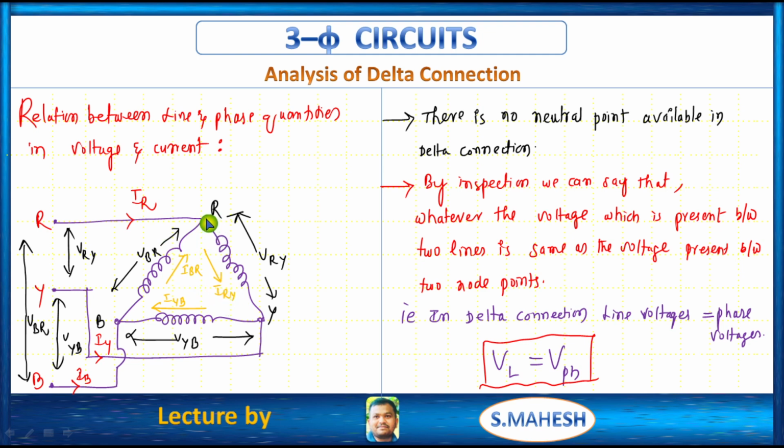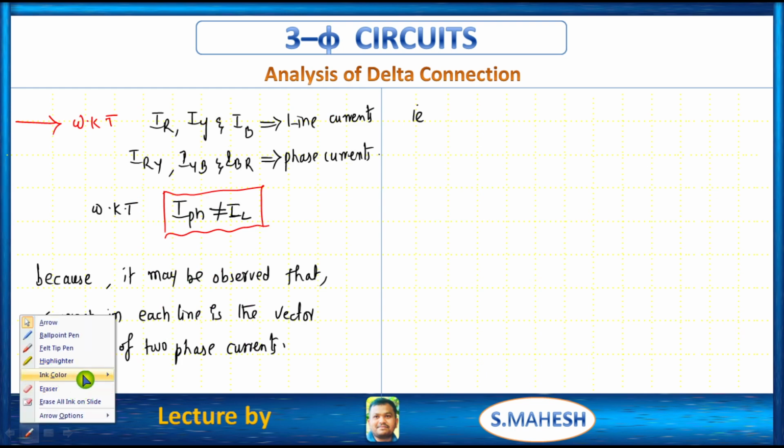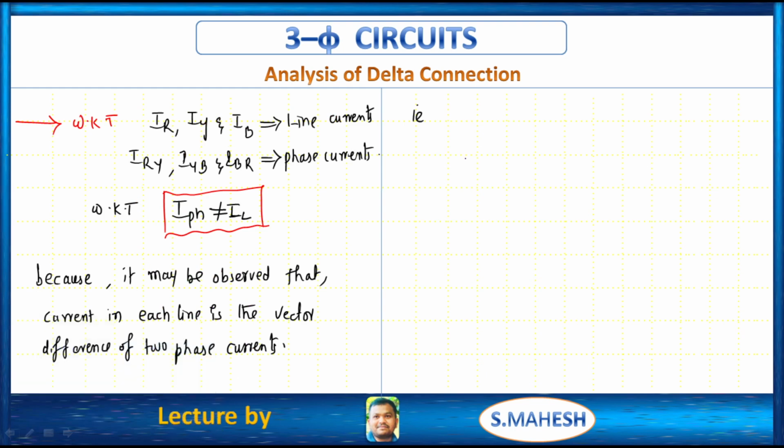See, at these node points R, Y, B, by using KCL we have to write the current equations. Okay, that is, IR is entering, yes, IBR is entering, which is equal to IRY leaving.